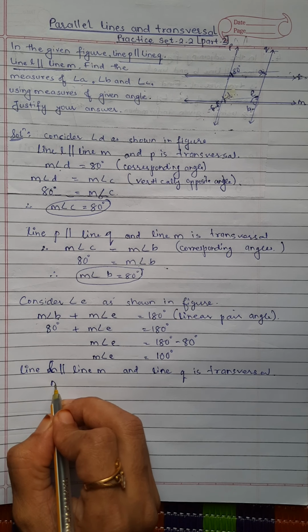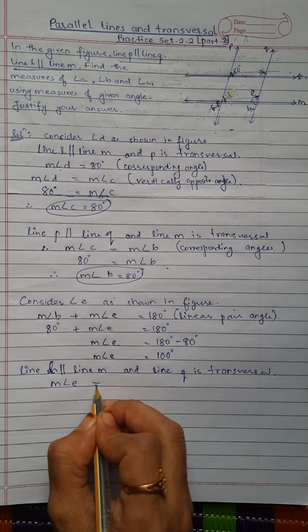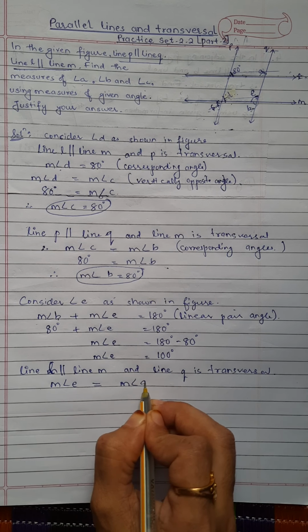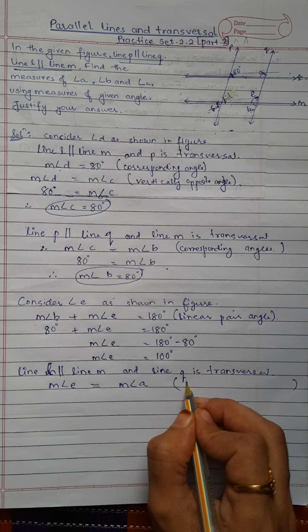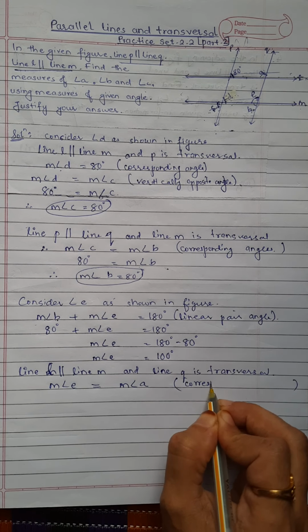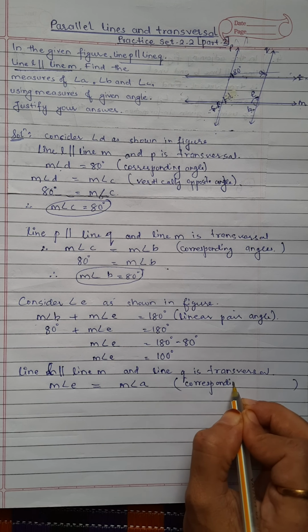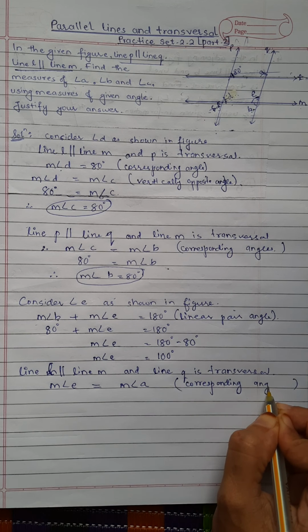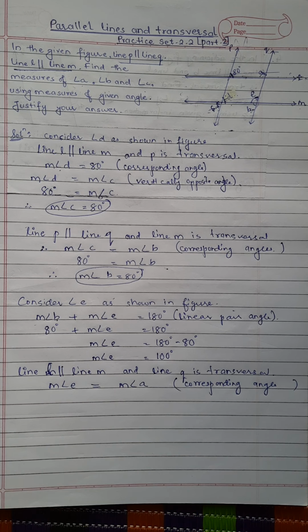Therefore, the measure of angle E will be equal to the measure of angle A. The reason is corresponding angles. The property says that the corresponding angle pair is always congruent.